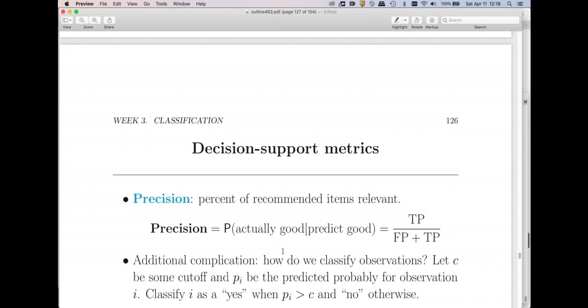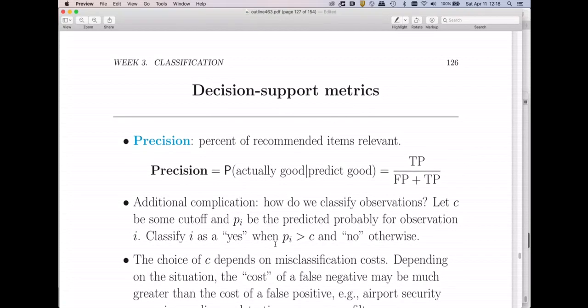There's an additional complication that we need to worry about. What is a predicted good item? In the case of a logistic regression model, what comes out of the model is a predicted probability. It's a number between 0 and 1, where 1 is 100% probability that you have the condition, and 0 is there is no chance that you have the condition.